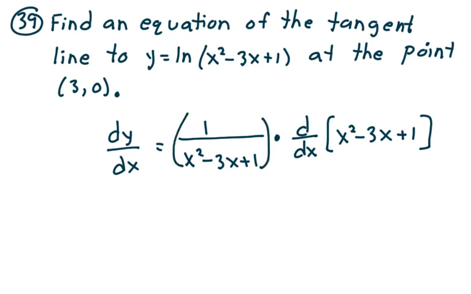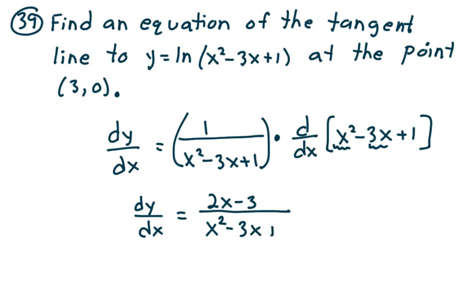Okay. And so, therefore, dy dx is 2x minus 3 divided by, right? The derivative of x squared is 2x. The derivative of 3x is 3. So you get 2x minus 3 in the numerator. And we're dividing by x squared minus 3x plus 1, like so.